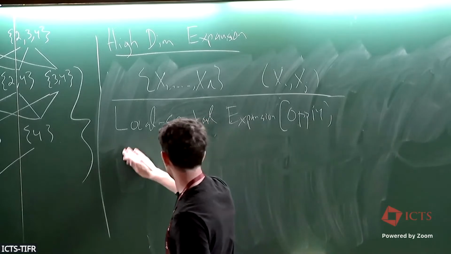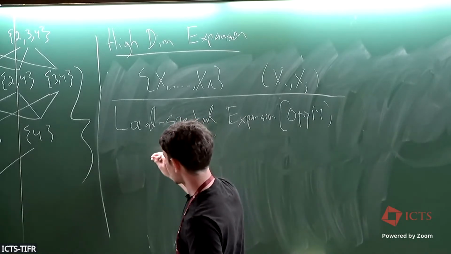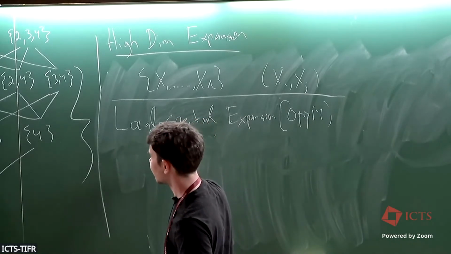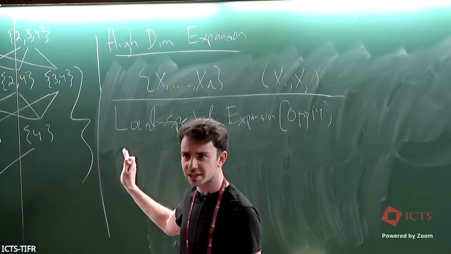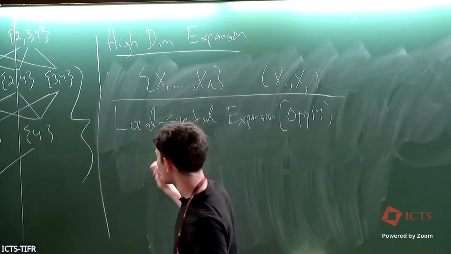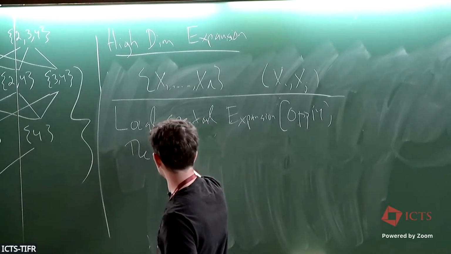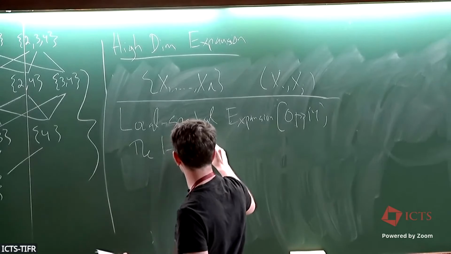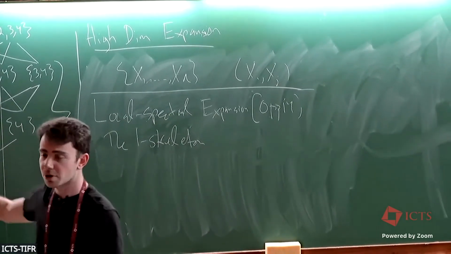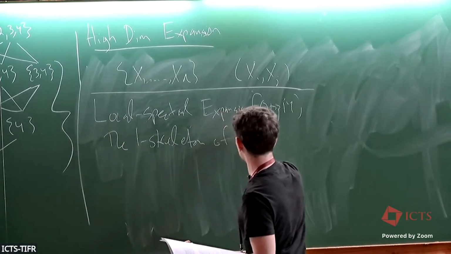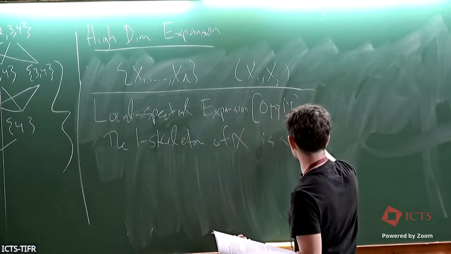So what's the definition? I guess I don't actually have time to define a link. So I'm going to give a slightly informal definition, and then after the break, I'll make everything fully formal. The one skeleton, this underlying graph, so I'll call it the one skeleton of X, is a lambda expander.